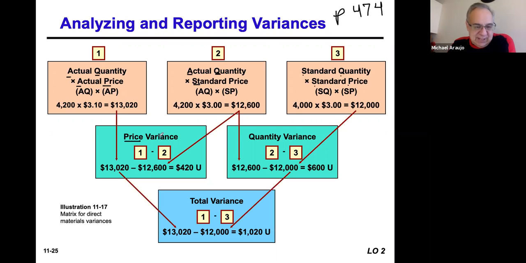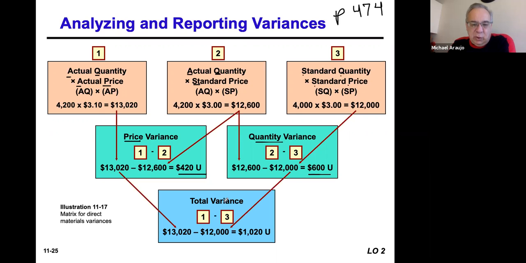That creates a price variance. The quantity variance comes in by looking at the actual quantity at the standard price, which is the 12,600, box 2, subtracting out what we had expected, standard quantity at standard price. That gives us the other $600 in difference.